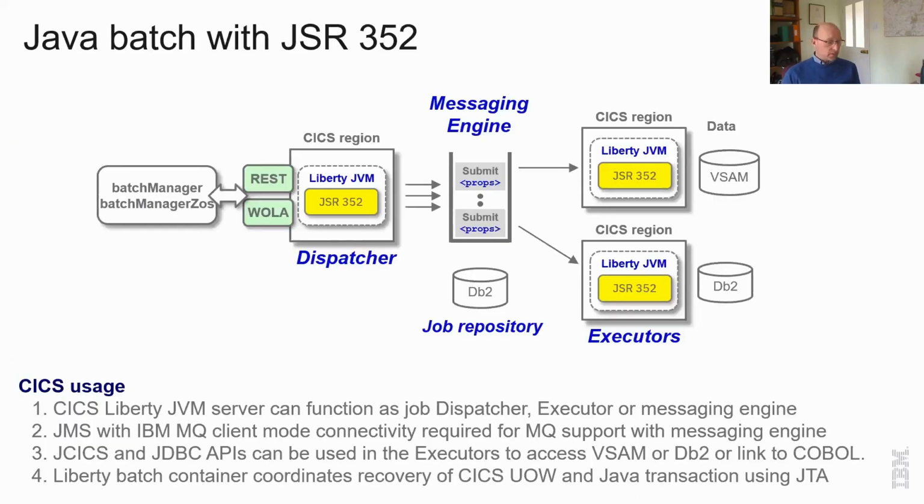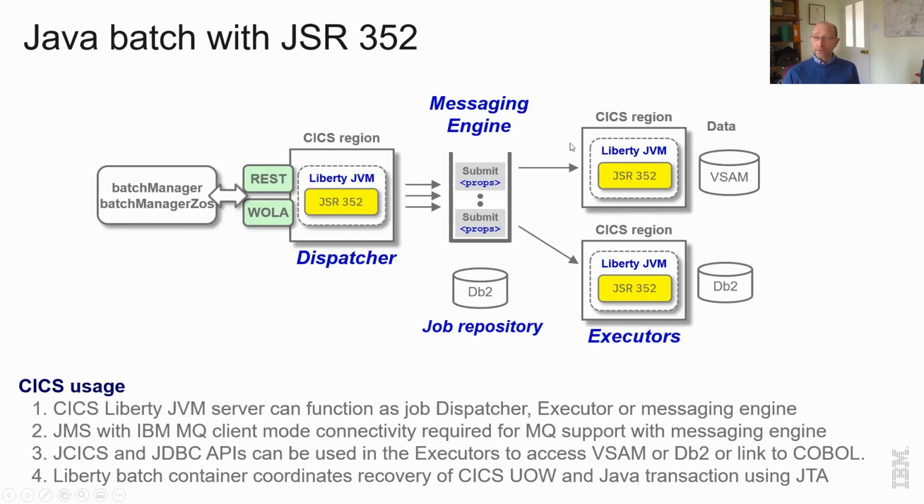Now, I did mention Java Batch with JSR 352. Java Batch enables you to build a very sophisticated batch processing engine or infrastructure within Liberty and within the CICS environment. So this is a typical environment you could build.